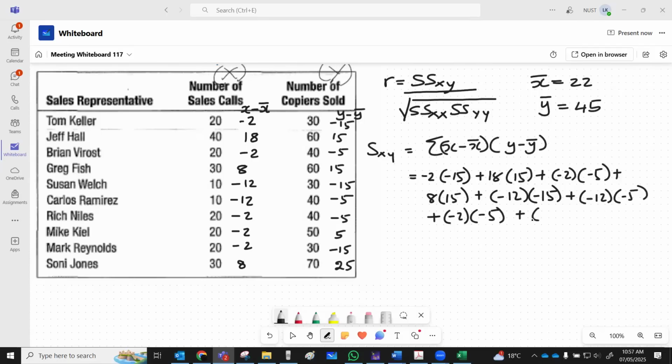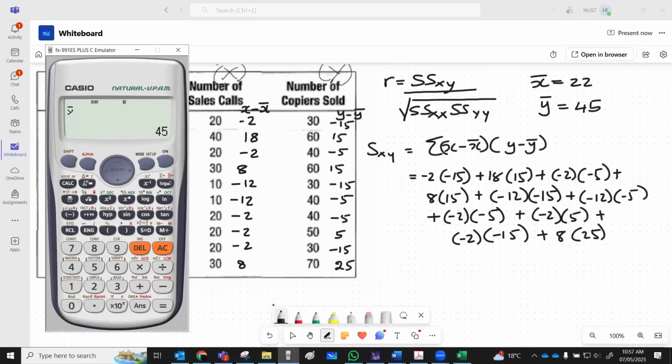Then minus 2 and positive 5. And then it is minus 2 and minus 15. So here 2 and 25. Okay, so I just hope I haven't made any mistakes, but I'll do this on my calculator anyway.